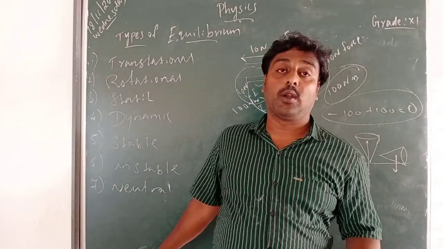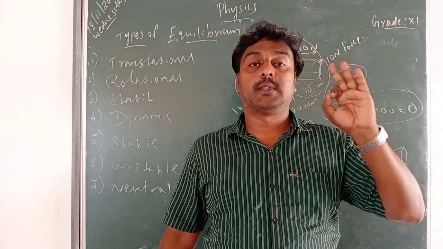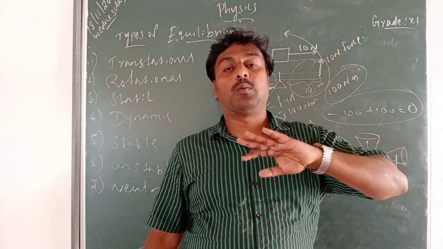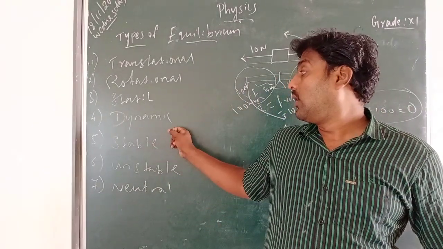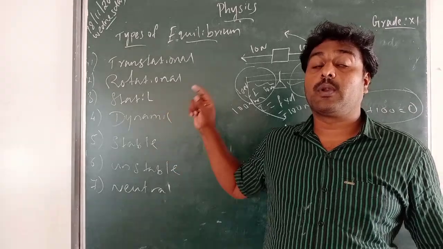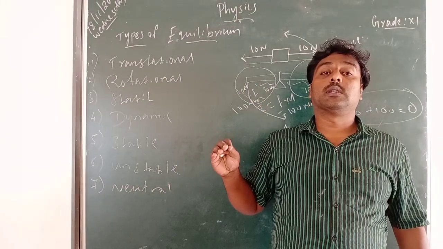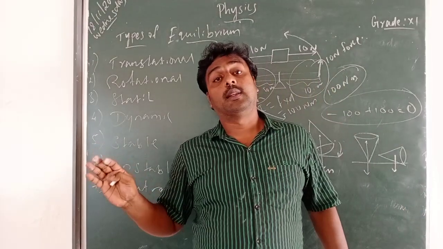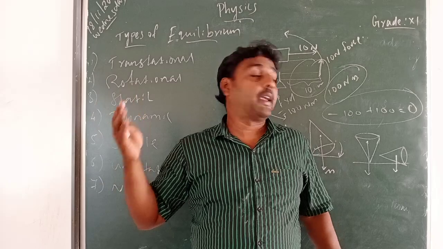So here remember these 3 points: linear momentum, angular momentum. Stable equilibrium and unstable equilibrium, both are 0. In stable equilibrium, if you disturb slightly, it will come back to its original position. Center of mass is higher, potential energy higher.